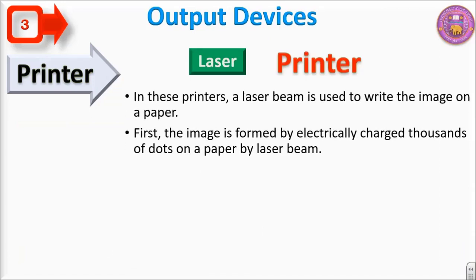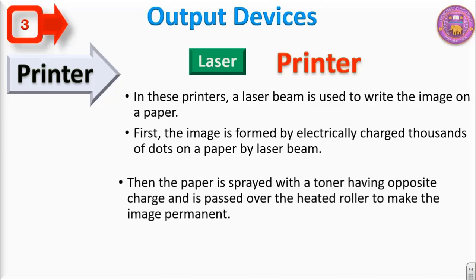In these printers, a laser beam is used to write the image on a paper. First, the image is formed by electrically charged thousands of dots on a paper by laser beam. Then the paper is sprayed with the toner having opposite charge and is passed over the heated roller to make the image permanent.